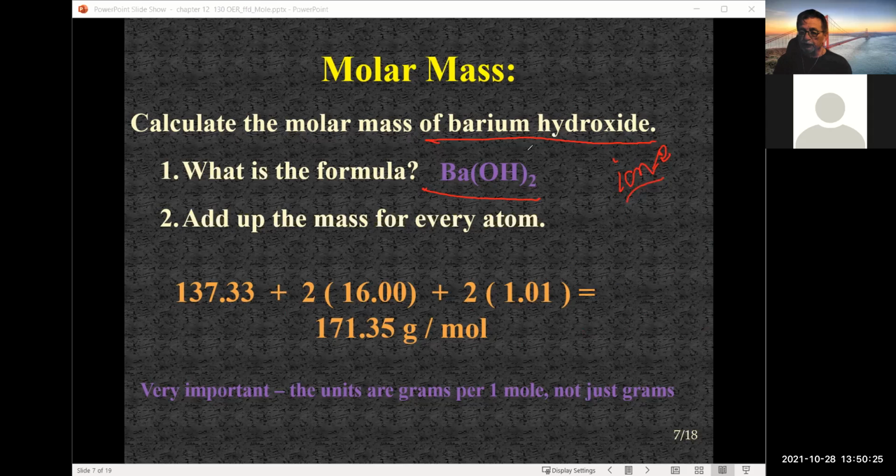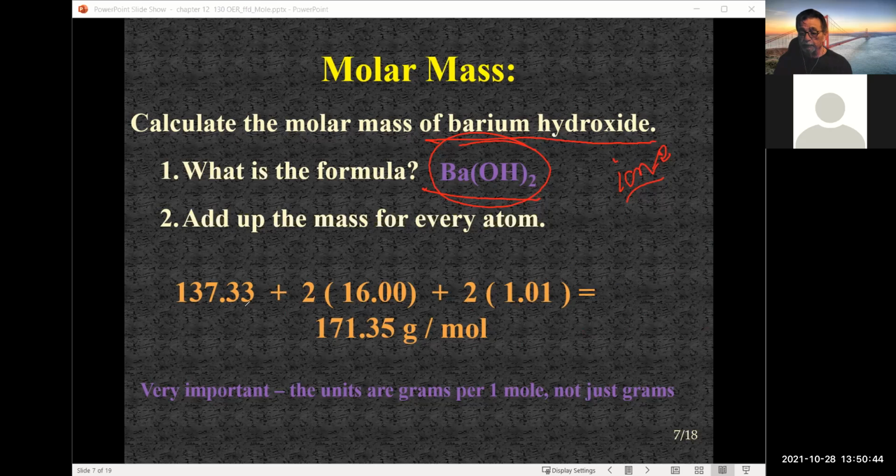Put them into ions so you can write the formula properly, with the correct number of cations and anions. Once we know that, then we determine how many of each atom we have. And like I said, we had 1 barium, 2 oxygens, and 2 hydrogens.